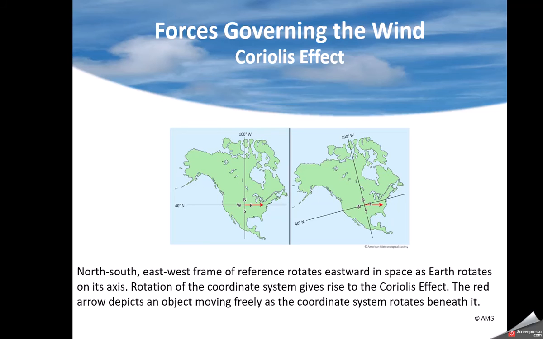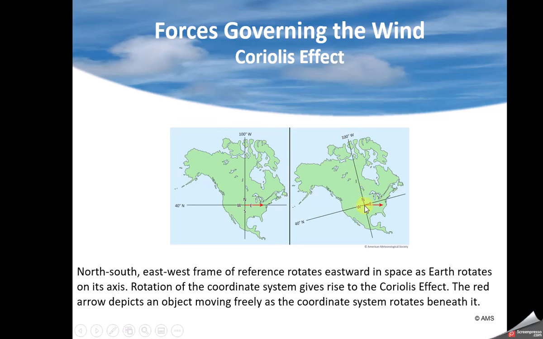There's something called the Coriolis effect. If we didn't have a rotating Earth, the atmosphere might behave a little bit nicer. But we do have a rotating Earth. Think about it: the Earth is rotating towards the east. If I picked a point right here in the United States and looked at it a little bit later, and compared it straight up on this 100 degrees line, the northern position would hardly have moved.